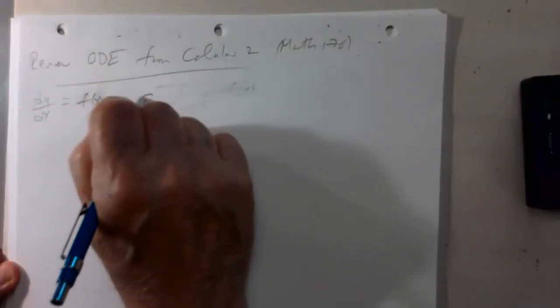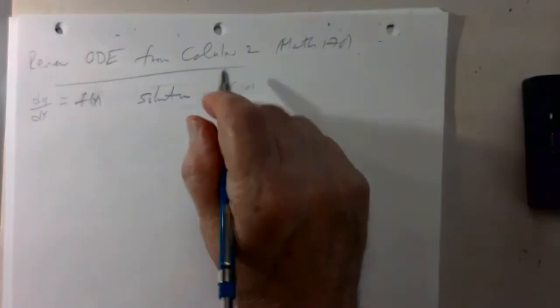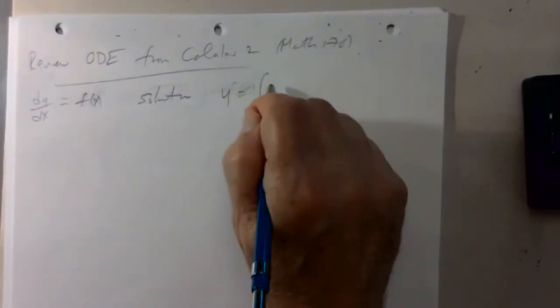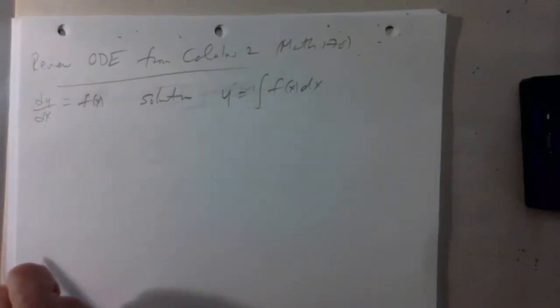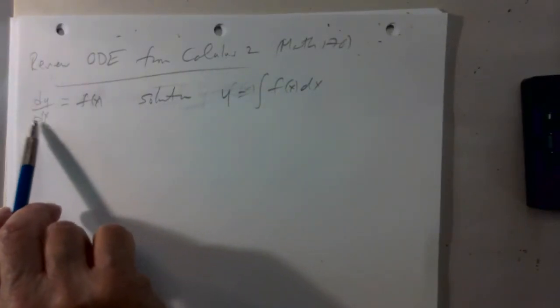And what is the solution? Well, this says find a function whose derivative is f of x. The solution is the antiderivative. Y is equal to the integral of f of x dx. That's the definition of the integral, the antiderivative. So if you have a differential equation, dy dx equals f of x, the solution is the integral.